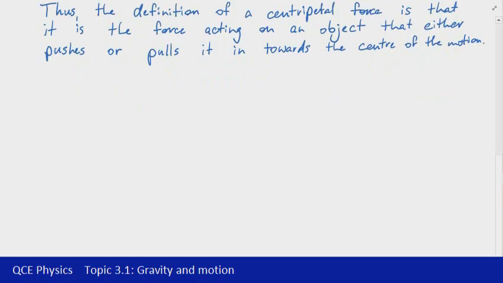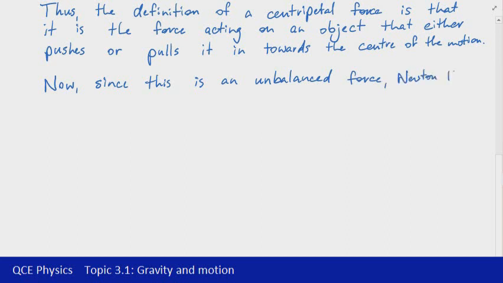Now we can tell then that there's an unbalanced force because the velocity is changing. Since it is an unbalanced force, we can apply Newton's second law. I'll just jot down Newton 2 applies, and that means that we have the equation F is equal to ma.